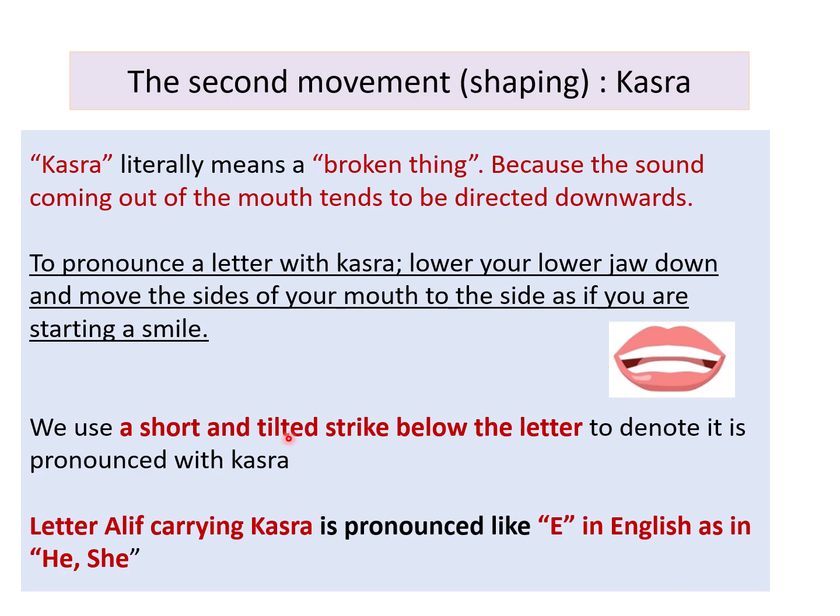So again, in detail, how do we pronounce a letter with kasra? Lower your lower jaw, so the upper jaw is fixed and the lower one goes a little down. At the same time, you move the sides of your mouth each to the side, as if you are starting a smile. Exactly when you say E, notice that the sides of your mouth move apart.